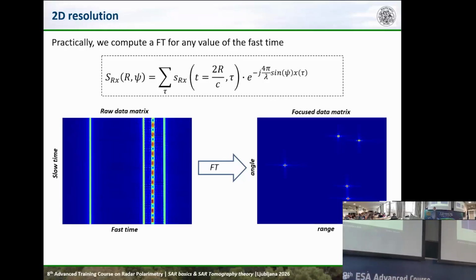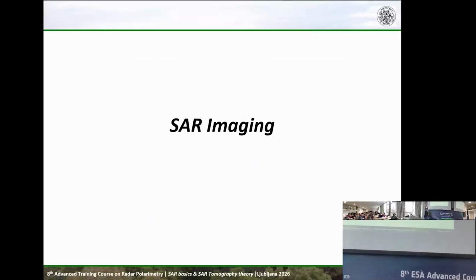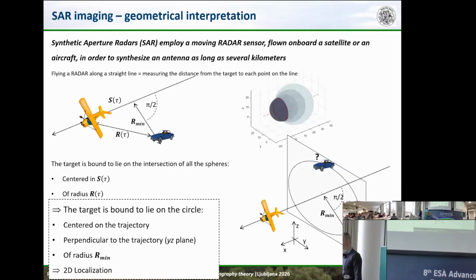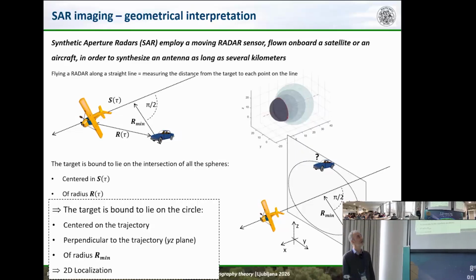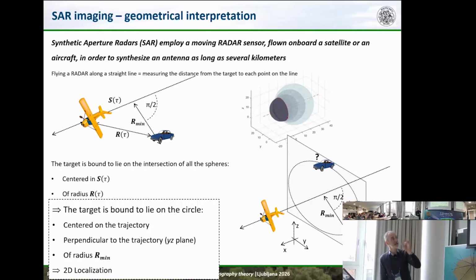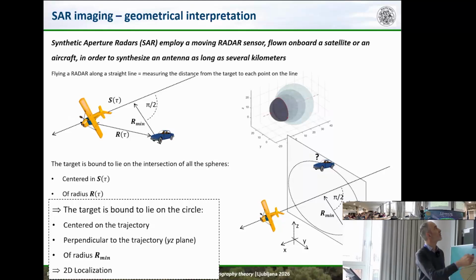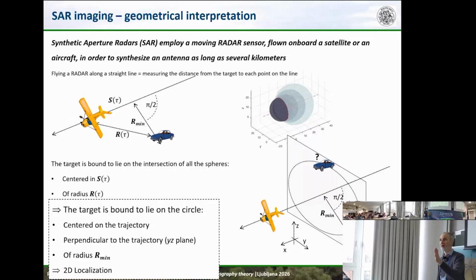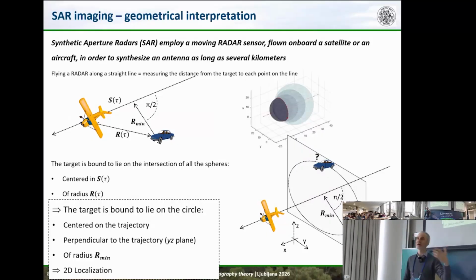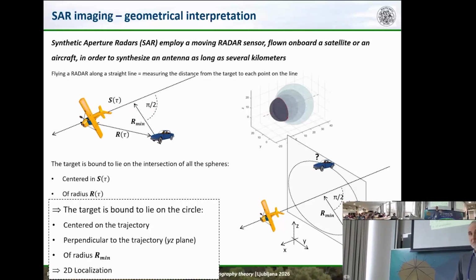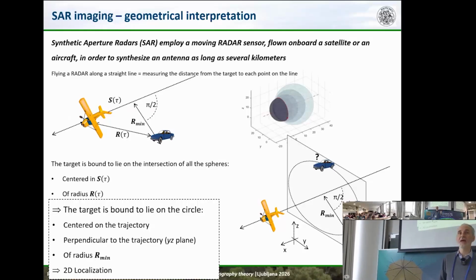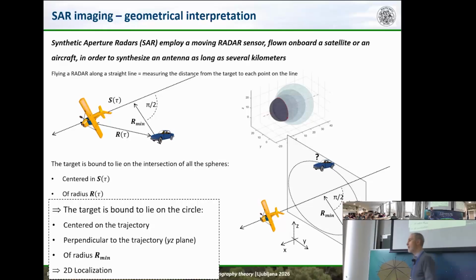Now we pass from radars to SAR, finally. We saw the principle. I think this is the third time that I'm presenting these slides, and I will need to present it once more. So we say that the principle is that you fly, so the target is bound to belong to the intersection of all the spheres, and in this way you can localize it in 2D.